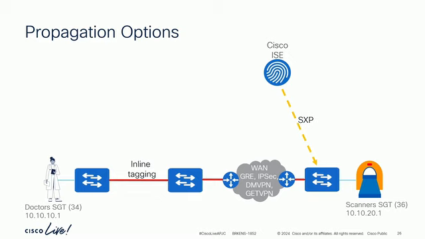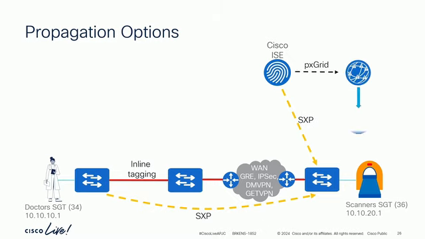ISE supports SXP. We've already covered that. We can send the bindings down to devices in the network. And our network devices support SXP. We covered that before. But with pxGrid, we send this IP to SGT binding information through pxGrid. Cisco Secure Firewall is a consumer of that. You can build policies using groups, really simplifying your rules.